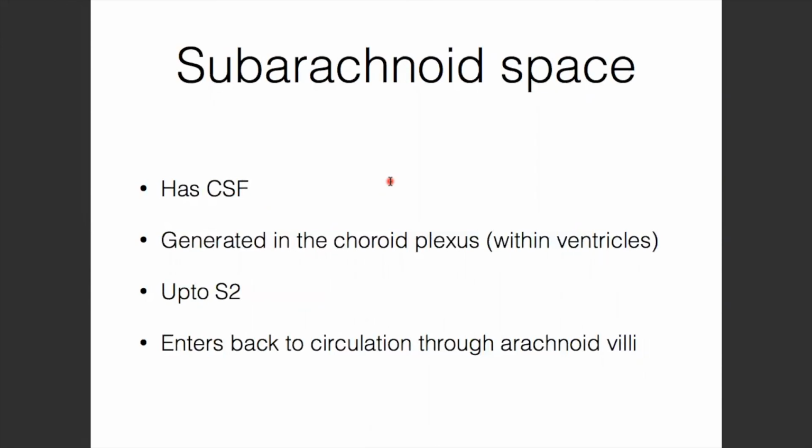The subarachnoid space has CSF generated in the choroid plexus, which is found in the ventricles. We'll talk about them later. It reaches down to S2, where it enters back the circulation through the arachnoid villi.